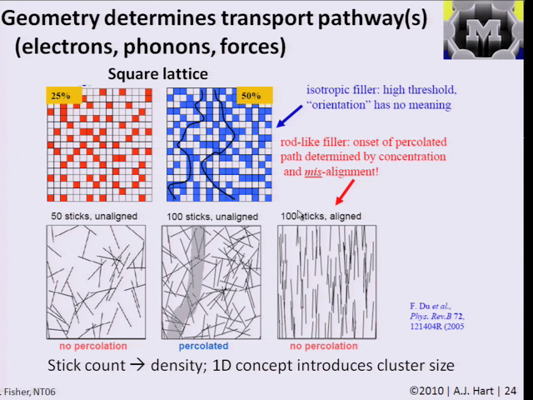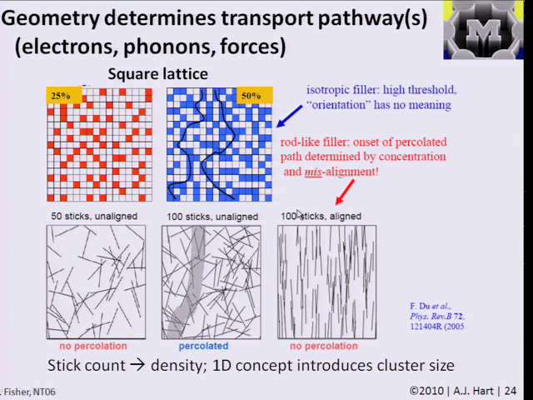And we're going to see different behavior whether the sticks are unaligned versus aligned. In this case, there's no continuous path because there are always small gaps or larger gaps between the structures. And here, there is finally a continuous path through the structures. And here is a case where even though the structures are aligned, the fact that they are aligned prevents them from crossing over.